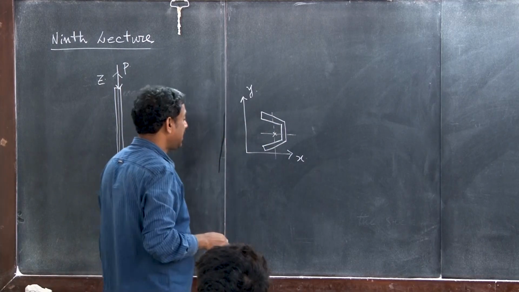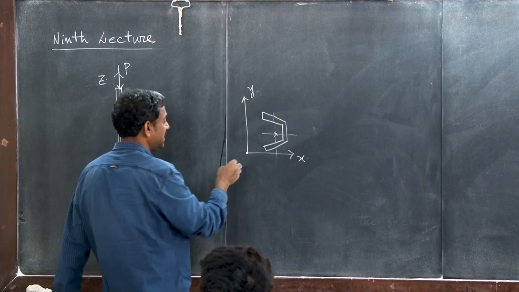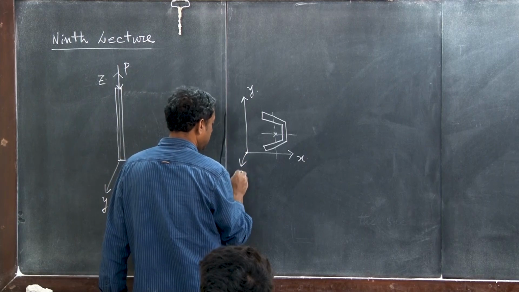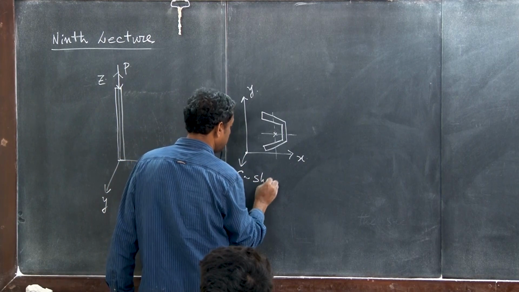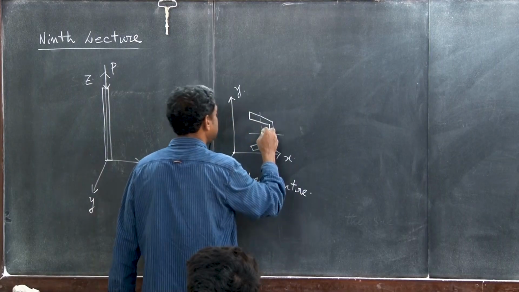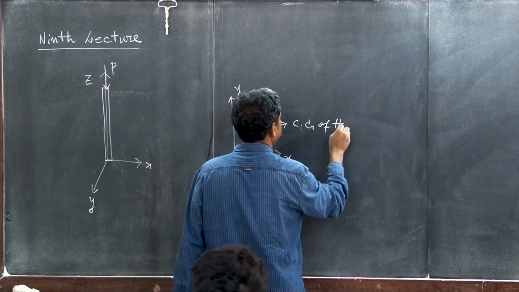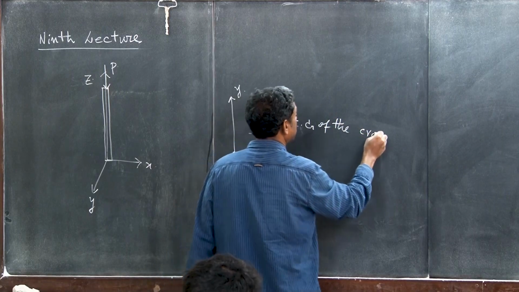Please note that the origin of this x y we are considering as the shear center. The origin is nothing but the shear center, and there is a reason for that. And this is the CG of the cross section.